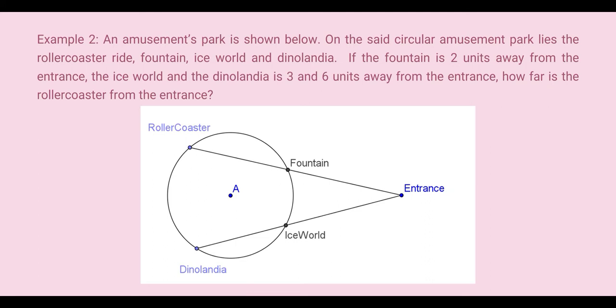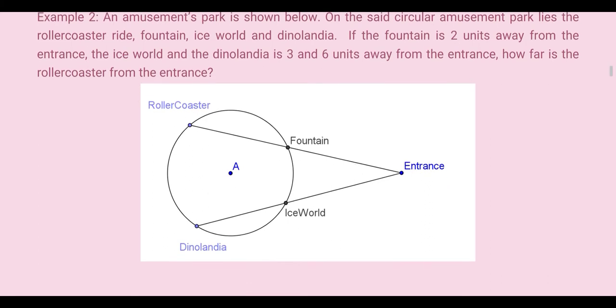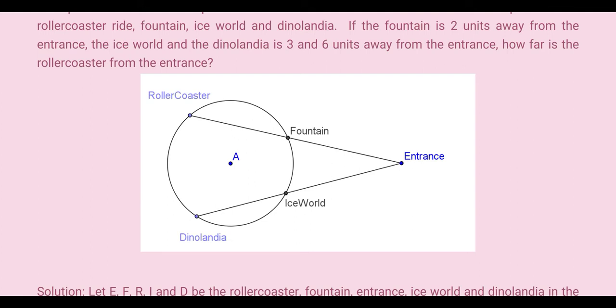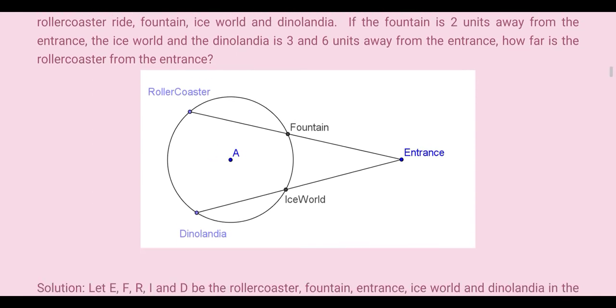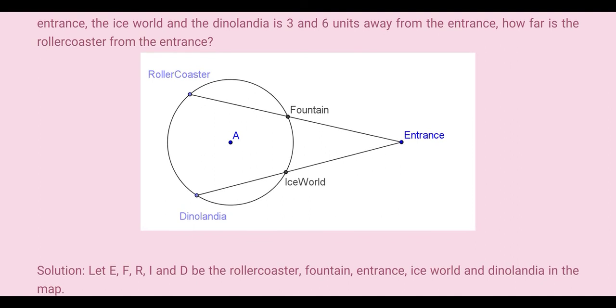Based on the drawing, we're computing for the measure of the total secant segment. Isa-isa natin yung mga given. R is the roller coaster, F is fountain, E is entrance, I is ice world, D is Dinolandia.